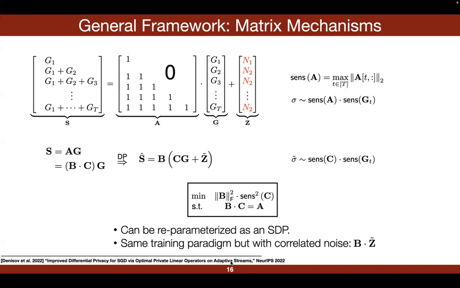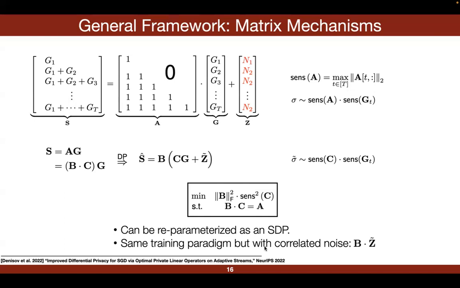And also, what's even better is that if you look at this algorithm, what we actually need to do is to replace the independent noise N1 to NT with this correlated noise. And the correlation is basically characterized by this B times Z. So to answer Eli's previous question, we don't need to change our training paradigm.